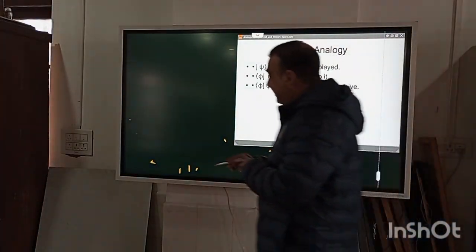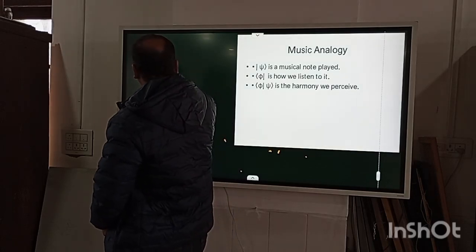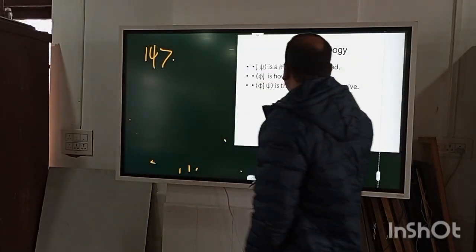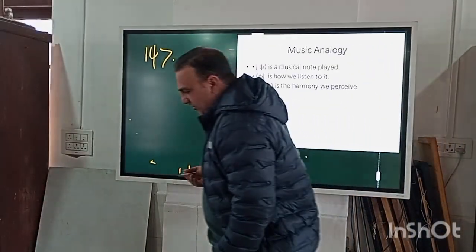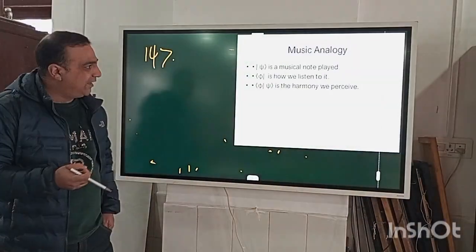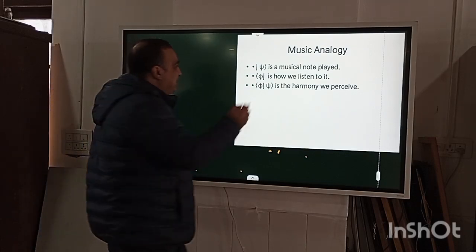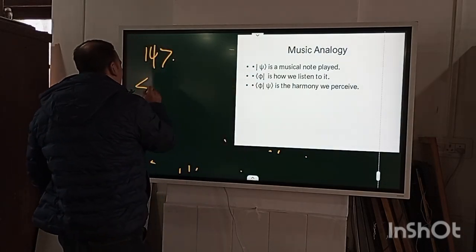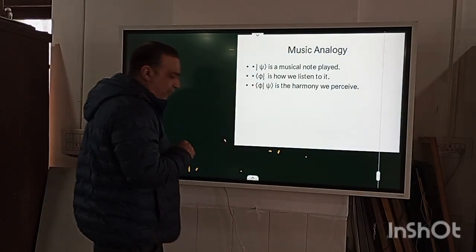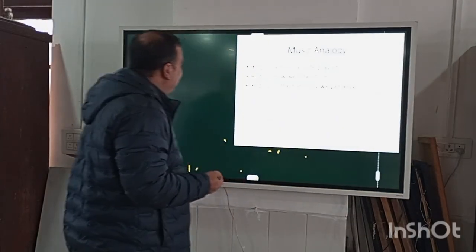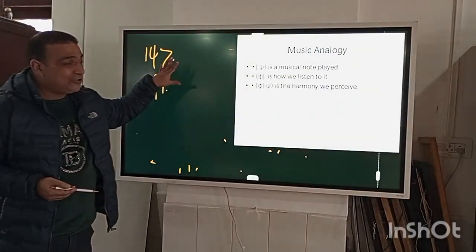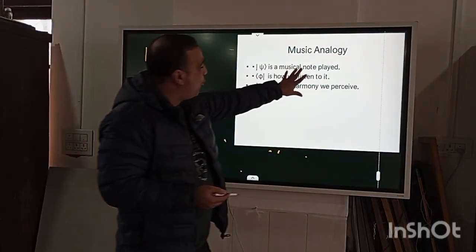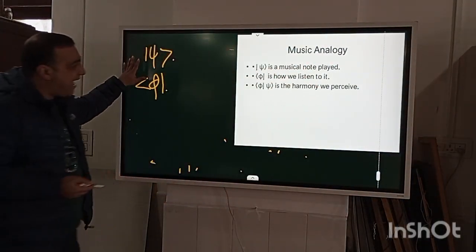So now, if I take this state psi that I was saying is a state vector psi, if I assume it's a musical note that is played on an instrument, then the bra of the phi, which is another state vector, what it does basically is it listens to the musical note that's played by the ket of psi.